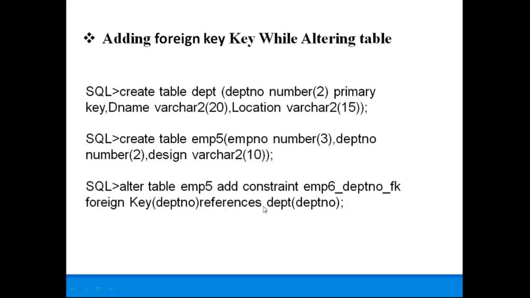Here I am giving the reference. So this foreign key, department number foreign key, refers to the department number column in table department. Okay, in this way we can add a foreign key constraint in a table.